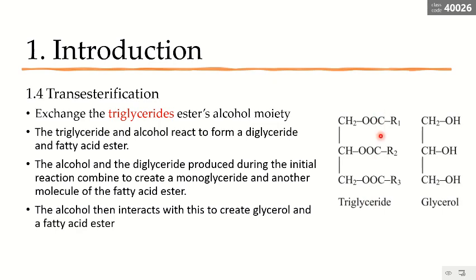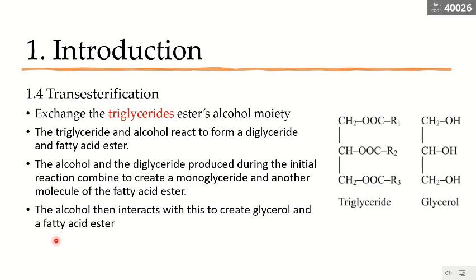Fatty acid, these three parts. If they clip off, that means hydrolysis. But if we are going to do trans-esterification, they are going to replace this part with another alcohol. So this alcohol will interact with whatever end they freed up, and they will form another fatty acid ester.